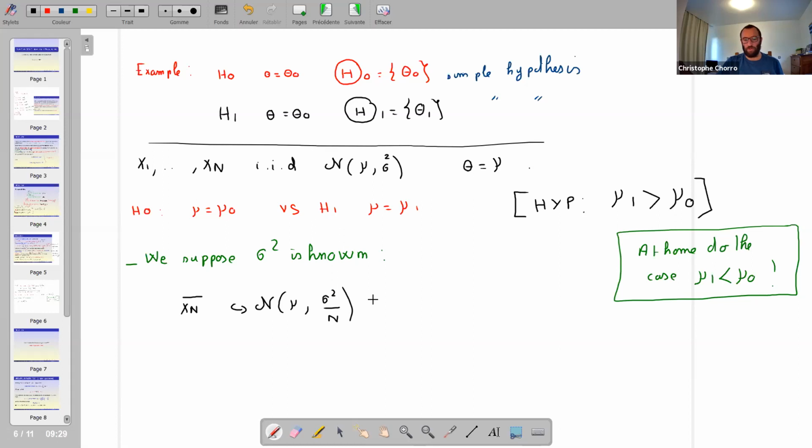In other words, I can standardize things this way: X̄n minus mu over sigma, multiplied by the square root of n, follows the N(0,1). And keep in mind that in the part concerning estimation, when I wanted to build a confidence interval, I considered this kind of quantity, what I called a pivotal quantity.